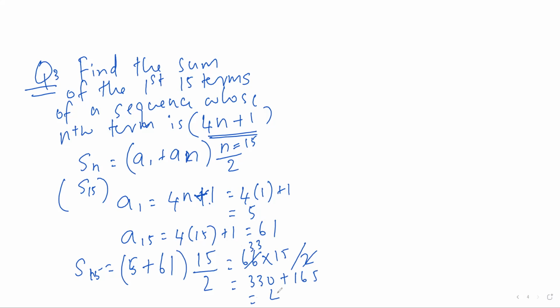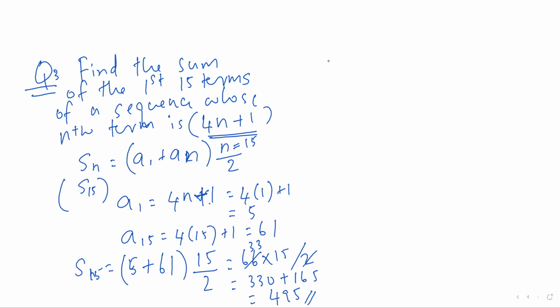So the answer is 495. Here we did not get stuck because we identified beforehand that d is problematic. We can find it if needed, but let's try to avoid d. That was the spirit here.